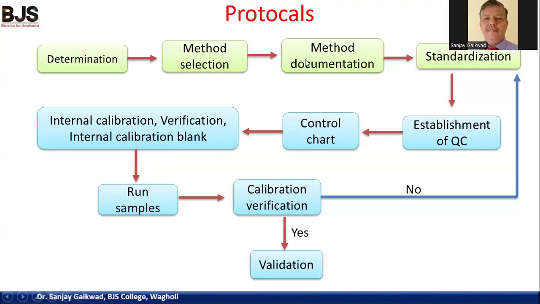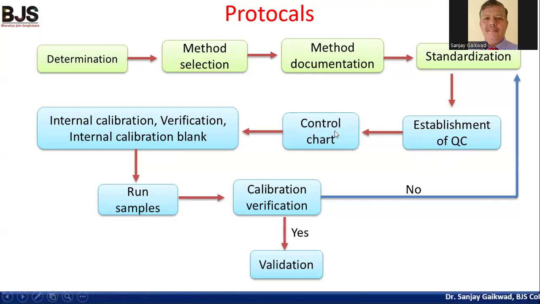After that, the method should be documented, because we can write the procedure, and from that procedure, we can use the standardization method. When it is the instrument or method, we can standardize with the help of the standardizing procedure. Then establishment of the QC, that is quality control. Whatever you are doing, its quality should be controlled by the standardization. And after that, we can write the control chart.